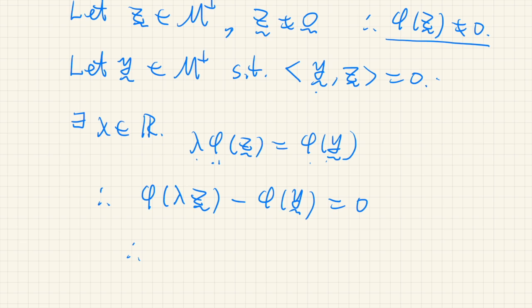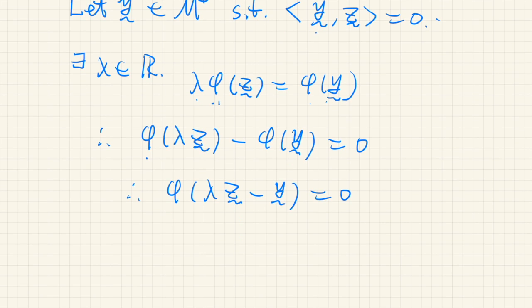But due to the linearity of phi, we have phi of (lambda Z minus Y) equal to 0. So this means lambda Z minus Y is an element of the subspace M. It's in the kernel of phi.